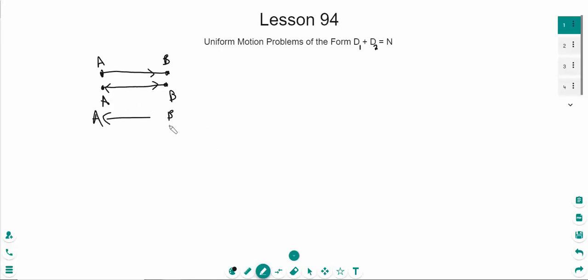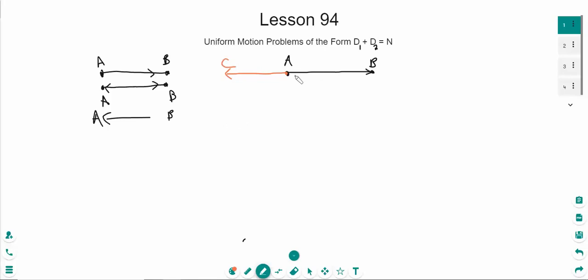Now we're going to switch that up a bit. And what we'll be seeing is problems where we'll say, okay, we start at point A, and the first trip goes to point B. Okay. And another trip might start at point A, maybe I'll do it a different color. Another trip might start at point A and go the opposite direction to a point C. Okay?